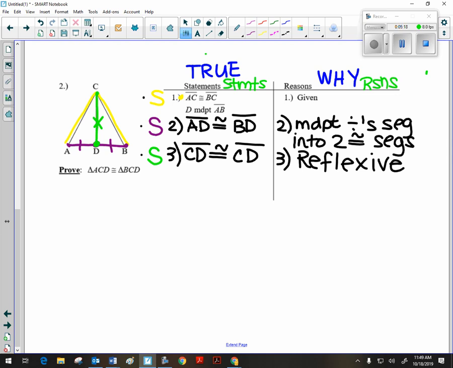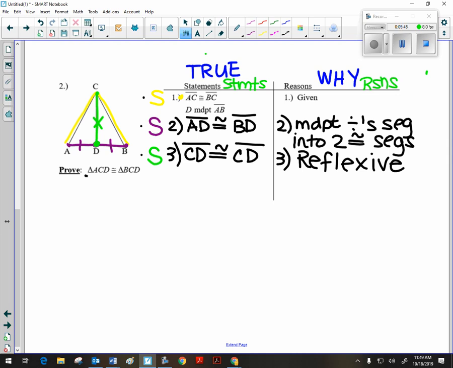As soon as I know that I have accumulated 1, 2, 3 pieces of information with respect to the two triangles, I want to say, do those pieces of information indicate to me that I have enough information to make the triangles congruent? And what I notice in this case is that each triangle has 3 sets of sides congruent to 3 sets of sides. So in the first triangle on the left, I've got a yellow, a purple, and a green side, and in the triangle on the right, I have a yellow and a purple and a green side.